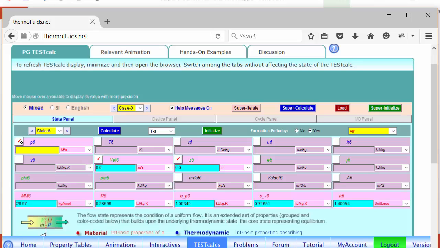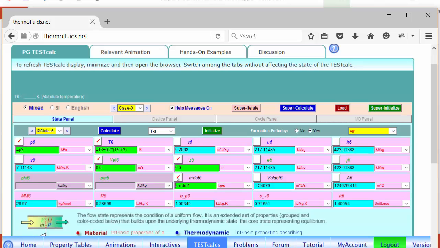Pressure equals P3 and T6 equals T3 plus 0.7 star T5 minus T3. And of course, mass flow rate hasn't changed. It's the same mass that passes through each device.